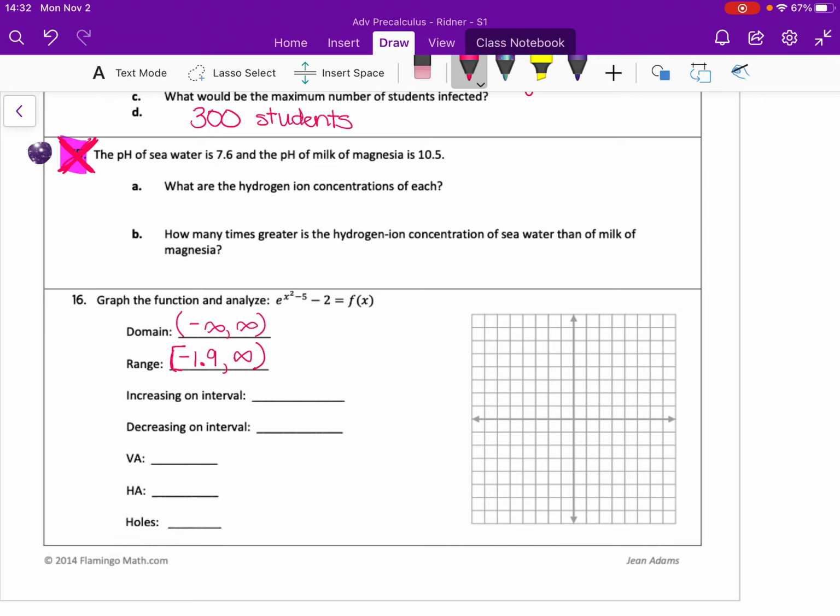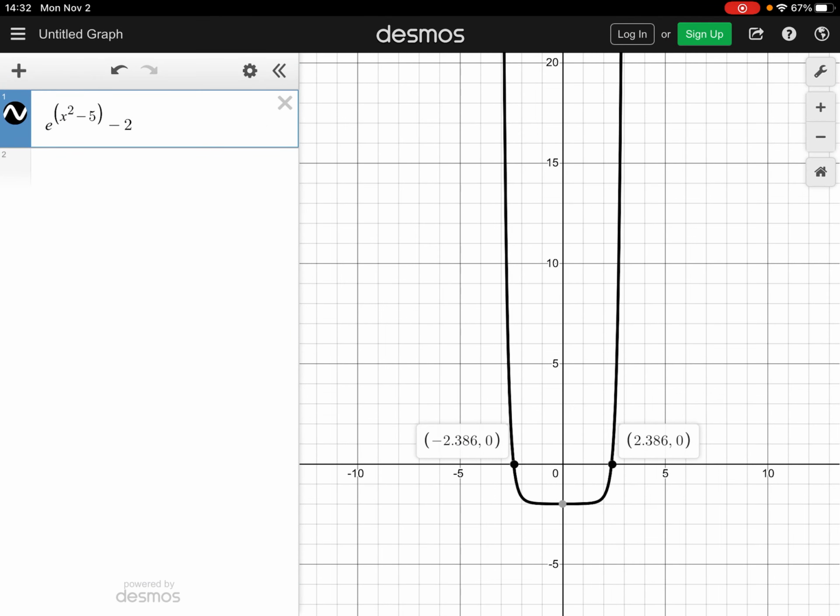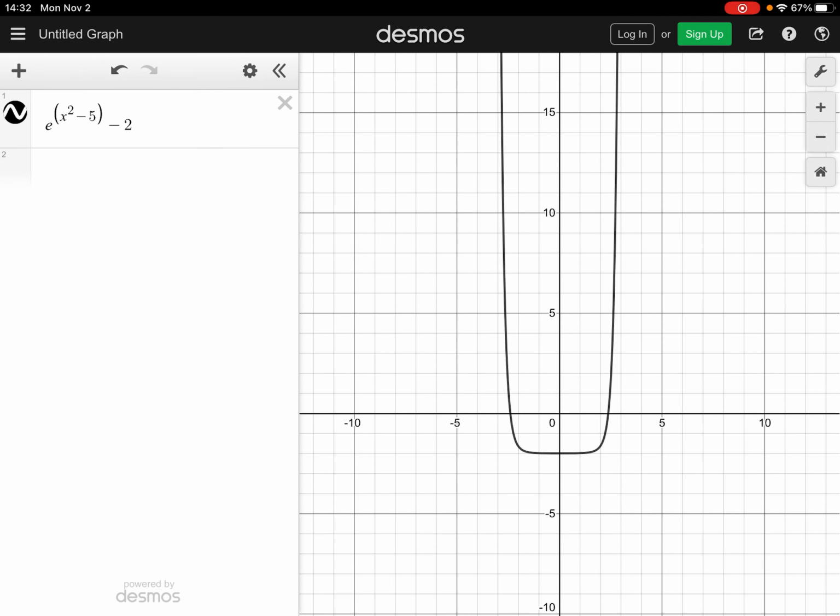Where is it increasing and decreasing? I do not like this problem that it gave. Why? It is decreasing from negative infinity until negative 1.9. And remember, we care about the x value, so that's 0. And then it is increasing from 0 to infinity.